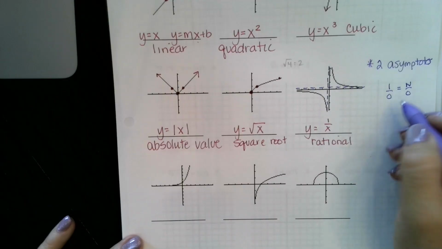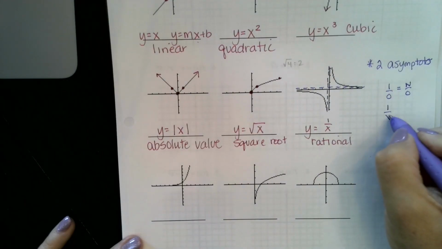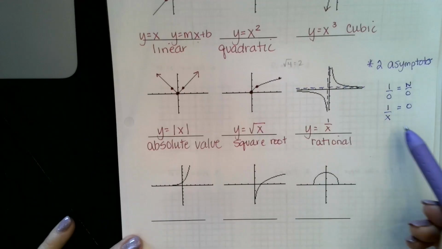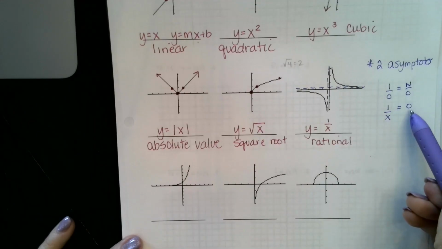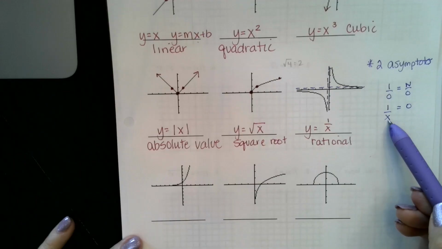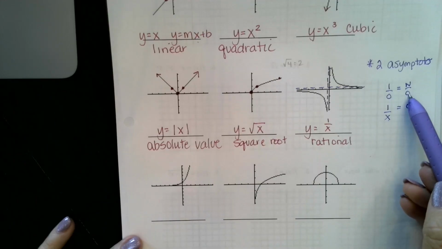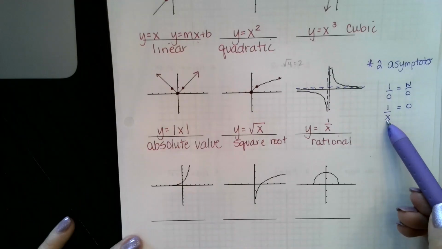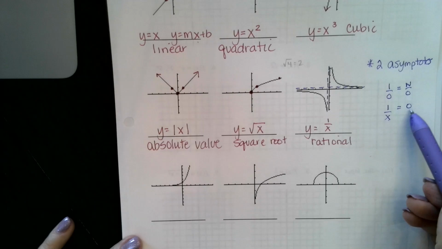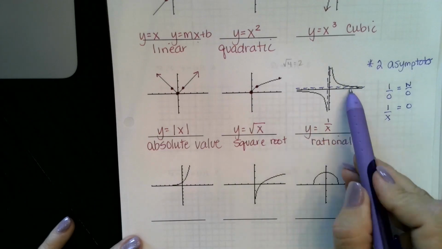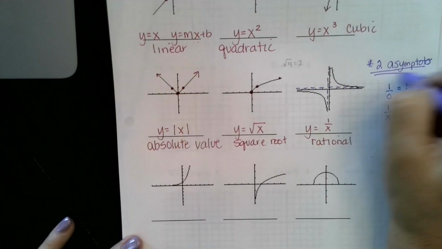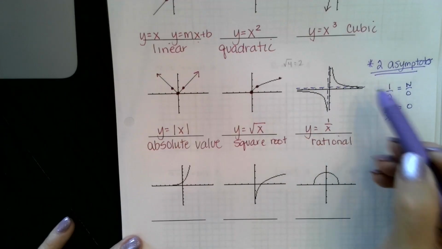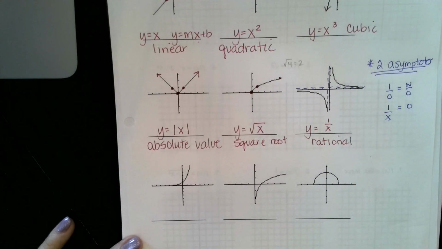And the reason for that is because if I have 1 over a number and this equals 0, well, there's no way I can ever make this equal 0. I can't put 0 here because I know that that gives me undefined slope. I can't put a number here because it's going to give me a fraction. So there's no number that I can put in here that's ever going to be 0. So I have 2 asymptotes, and these are required. You have to draw your 2 asymptotes, okay?